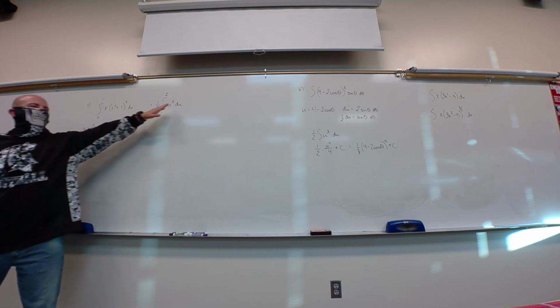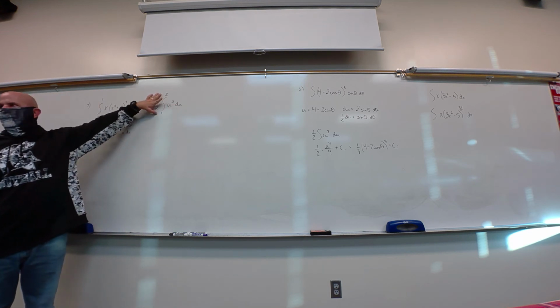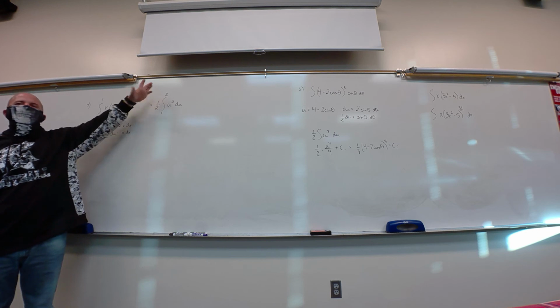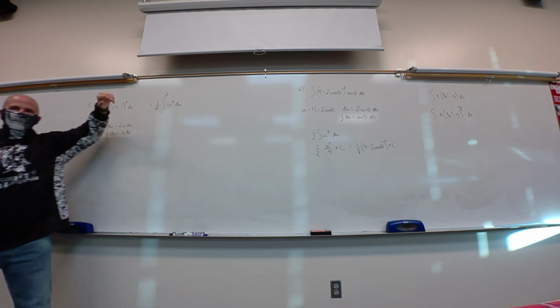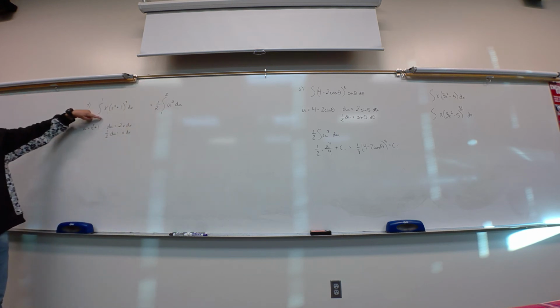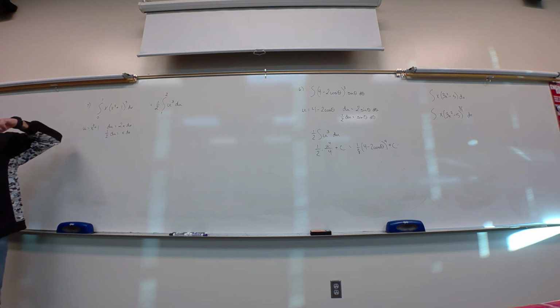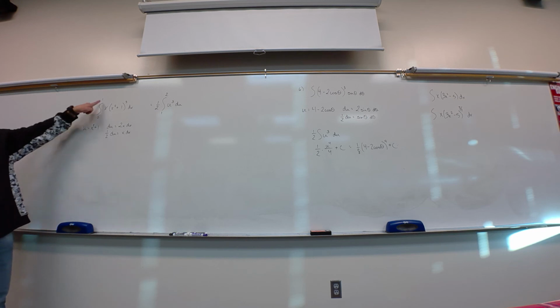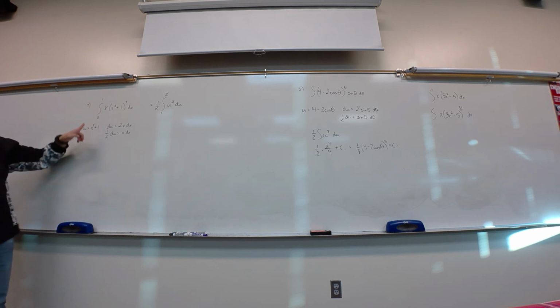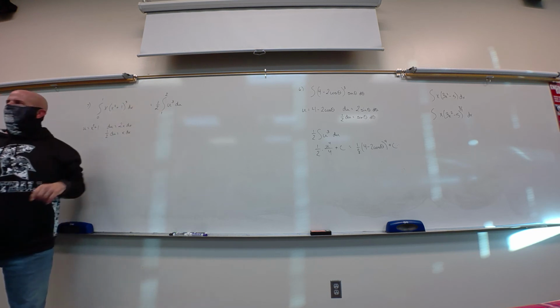If I have u, I need u limits. I was like, well, where'd the 1 and 2 come from? It's easier than you think. If x is 0, what's 0 squared plus 1? 1. If x is 1, 1 squared plus 1 is 2.